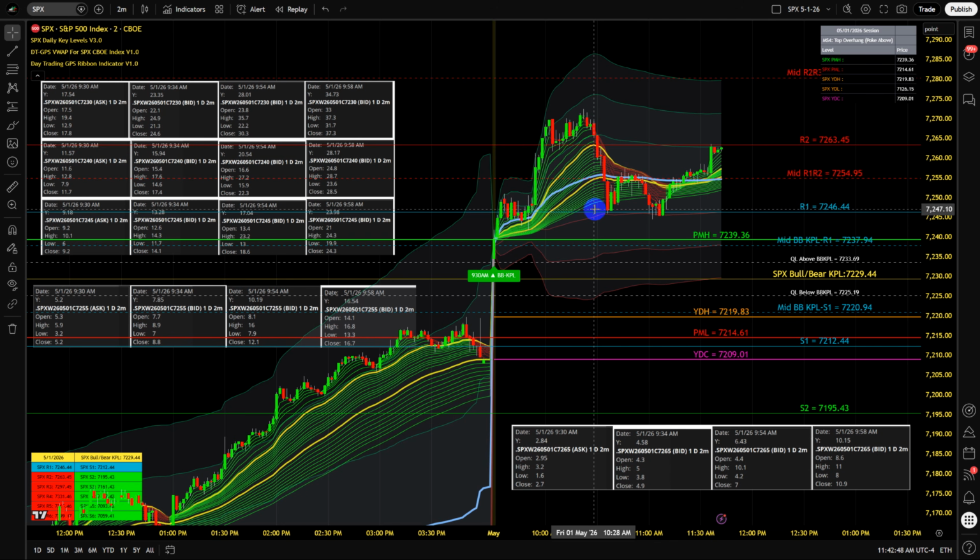And then the remaining position that's left over, those would be your runners. On your remaining runners, you are adjusting your stop loss to break even, or break even plus the initial profit buffer, on those remaining contracts.